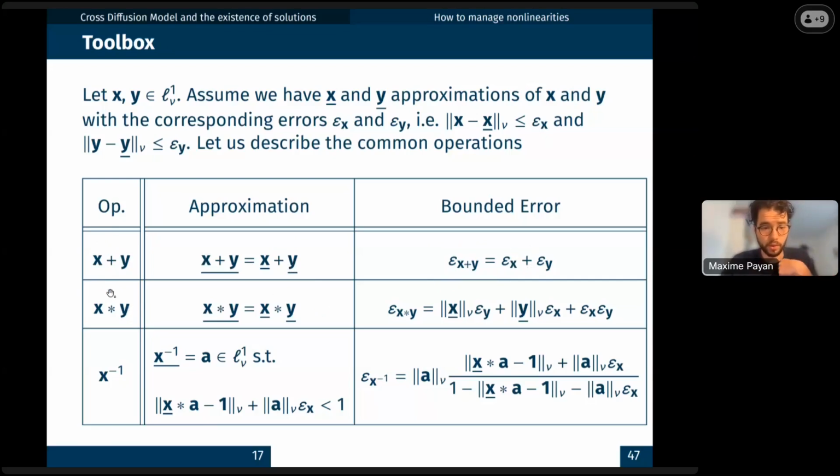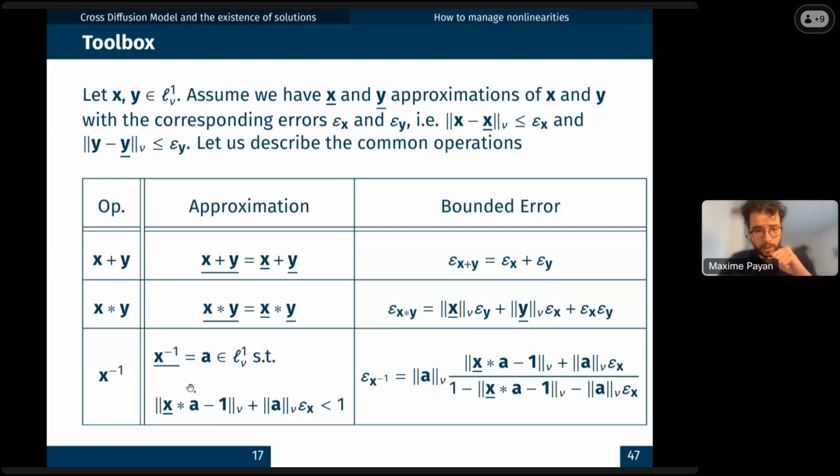For the convolution of two vectors, a good approximation is the convolution of the finite approximation vectors, and the error will be that. So you see here, it depends on the norms of the finite vectors, so the error can be very high here.